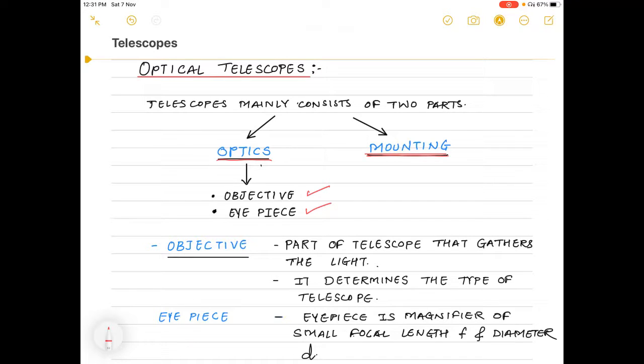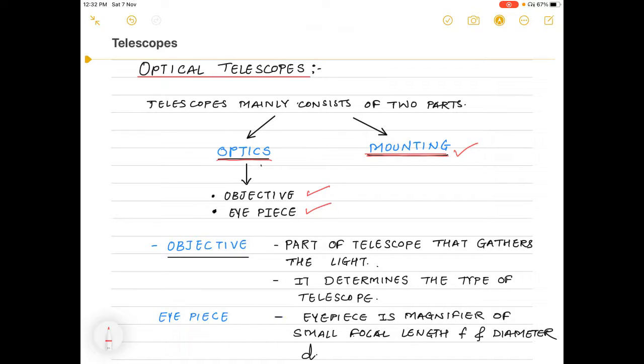But what is mounting? Mounting is how the telescope is arranged for observational purposes. By using these optical telescopes we are going to observe celestial objects in space, so it is very necessary to arrange those telescopes in a particular direction to accurately detect the objects which we are interested in studying. So the mounting of a telescope is again a very important thing to note.